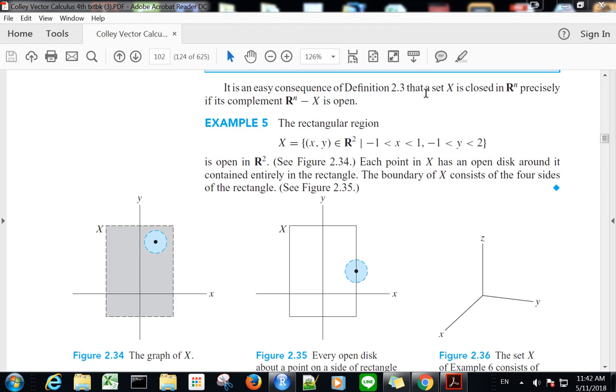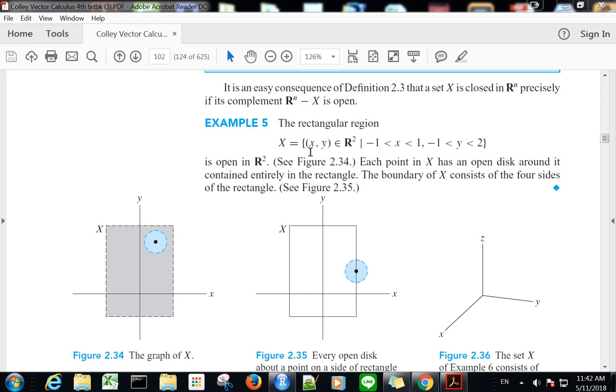So that's what this says. It's an easy consequence of the definition that a set X is closed in Rn precisely if its complement, Rn minus X, that's called the complement, is open.